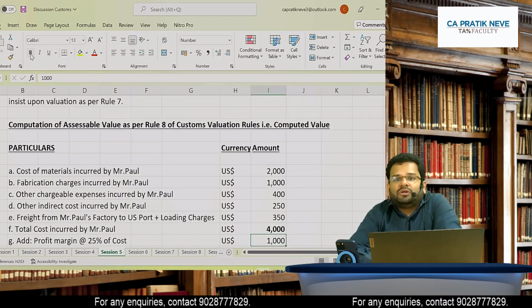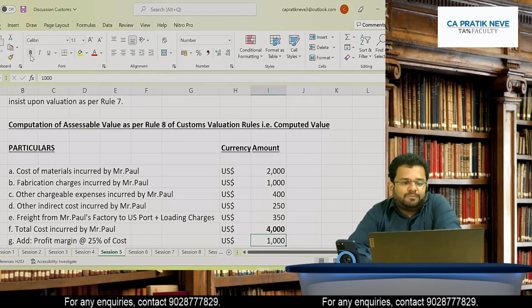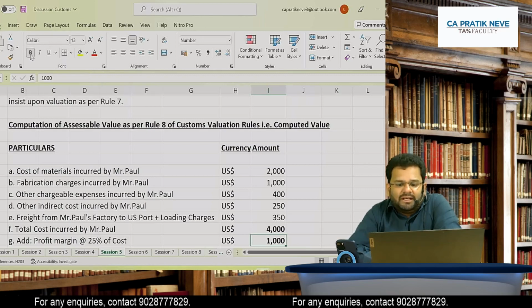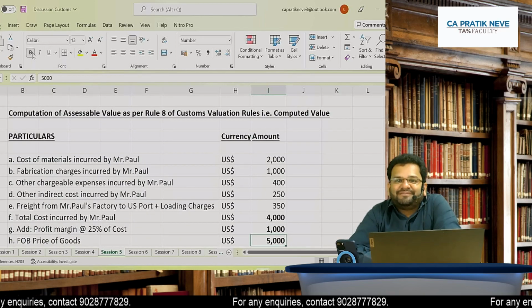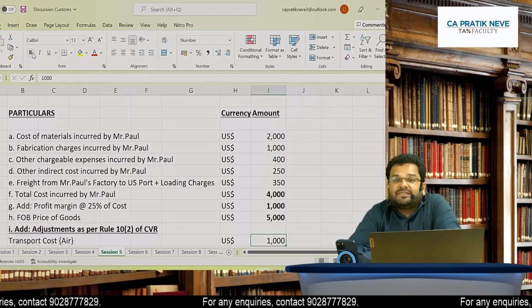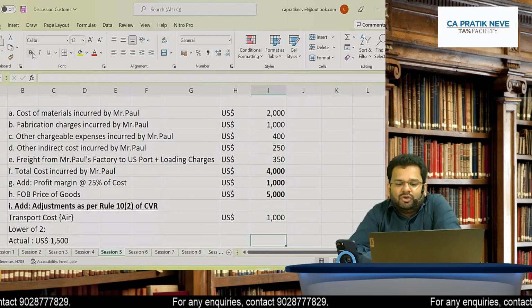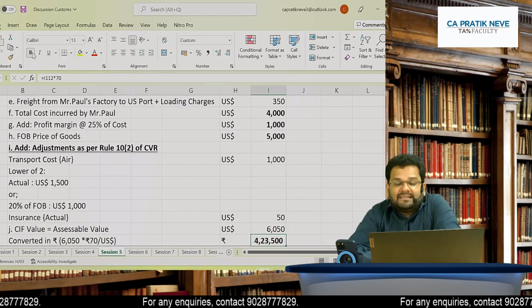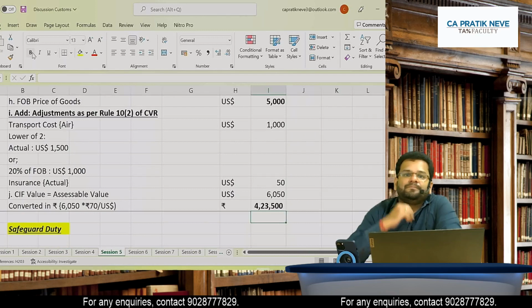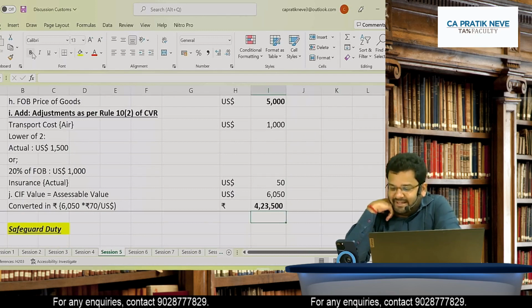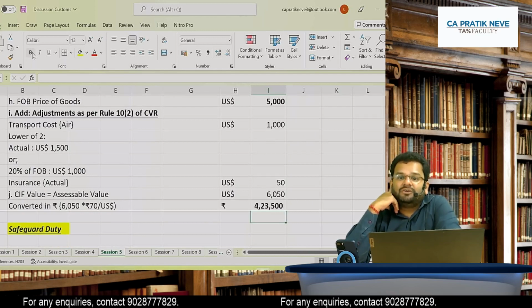To the exporter's total cost, you add the exporter's profit. You will get the exporter's selling price, which is nothing but FOB. In FOB, do the adjustment of transport and insurance, you will get CIF, and that CIF itself will be your assessable value. Could you recollect, is my simple question to all of you.